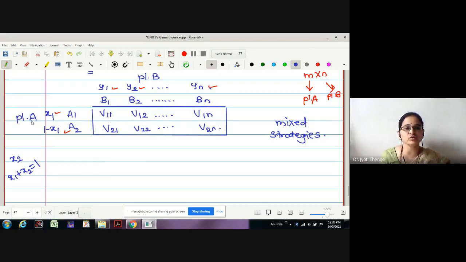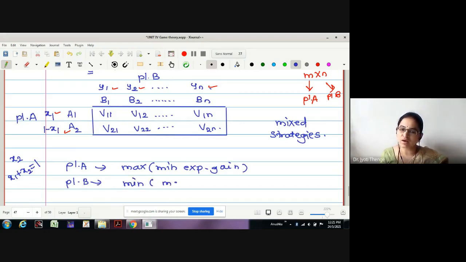Now we will first try to find out what we were doing with respect to player A. We were first finding the minimum expected gain, then we were trying to maximize the minimum expected gain. With respect to player B, we were trying to minimize the maximum expected loss. How were we finding these expected gains with respect to player A?